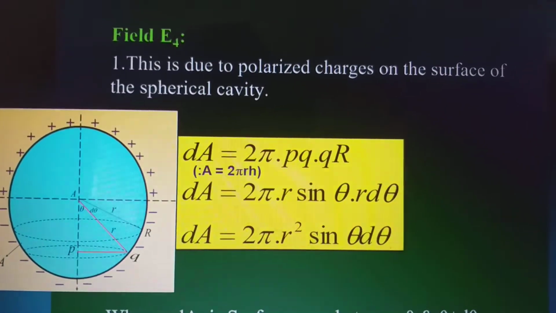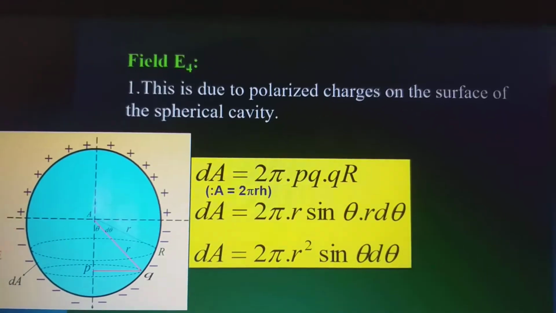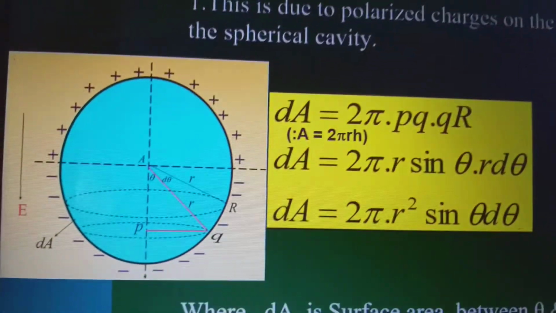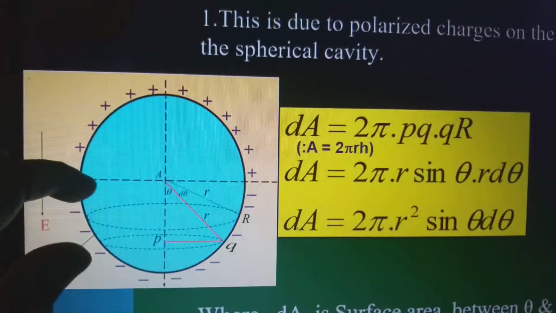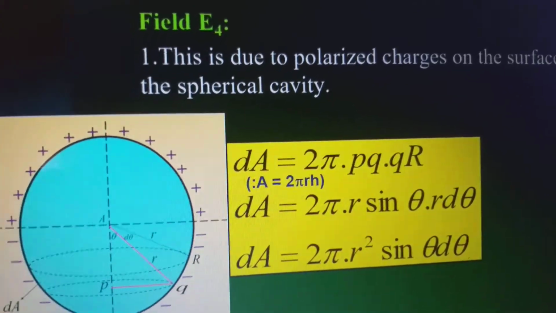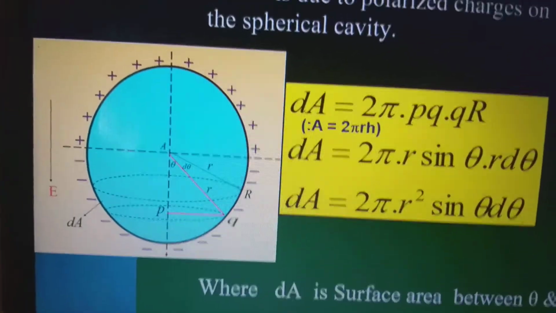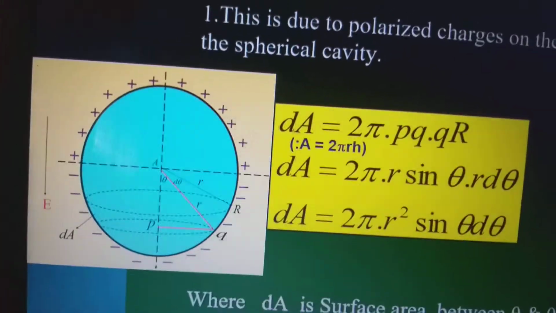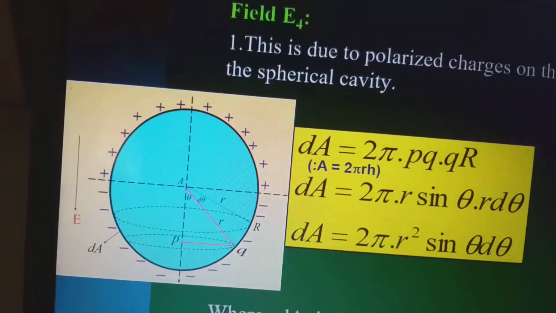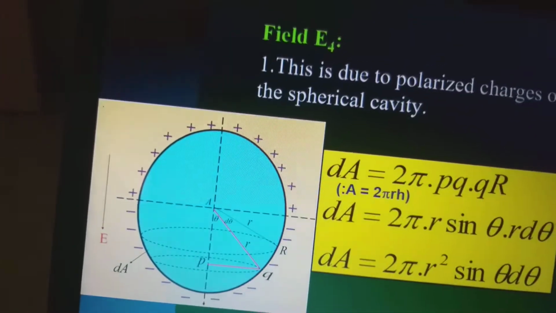Then E4 is the field due to polarized charges on the surface of the spherical cavity. So let us consider a small section between these areas. The surface area of this segment, dA, is equal to 2 pi into, we know that for a cylindrical structure the surface area is 2 pi RH.